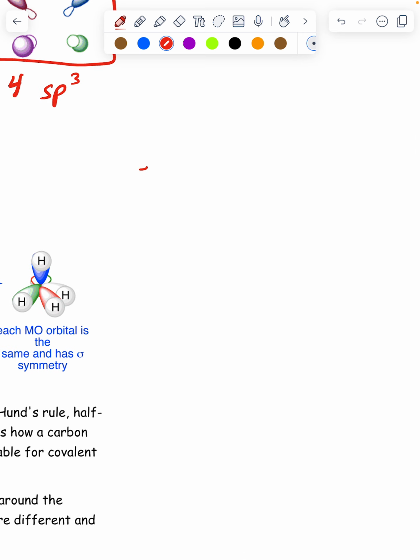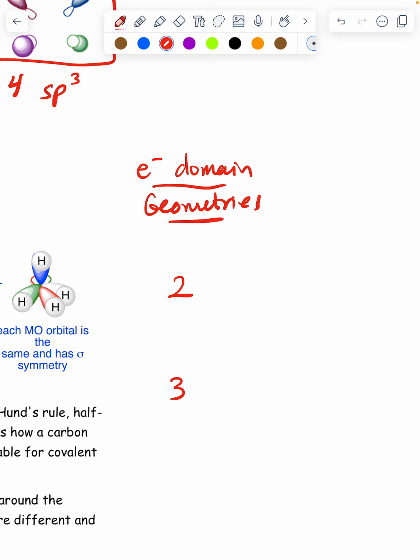So we have essentially 3 electron domain geometries to worry about. For 2, 3, and 4 electron domains, we have the shapes linear, trigonal planar, and tetrahedral.